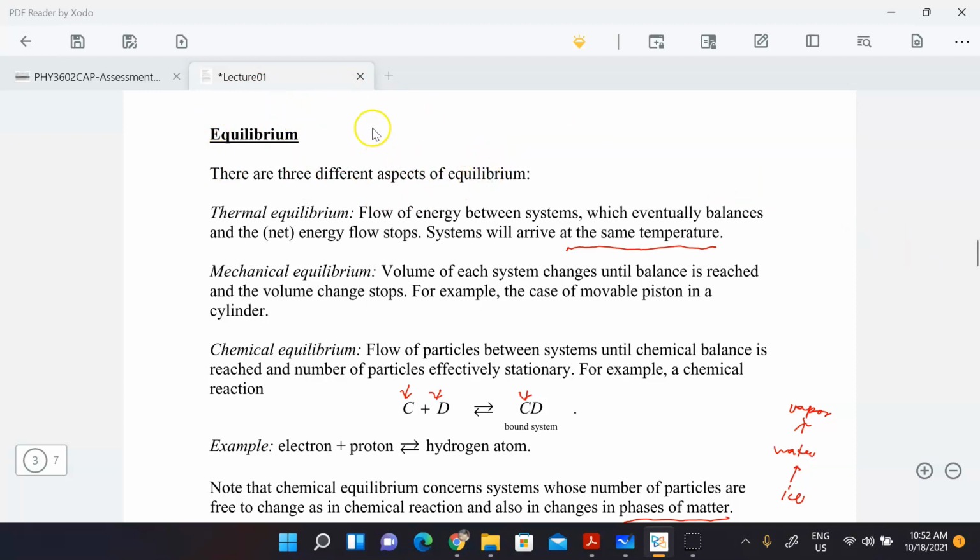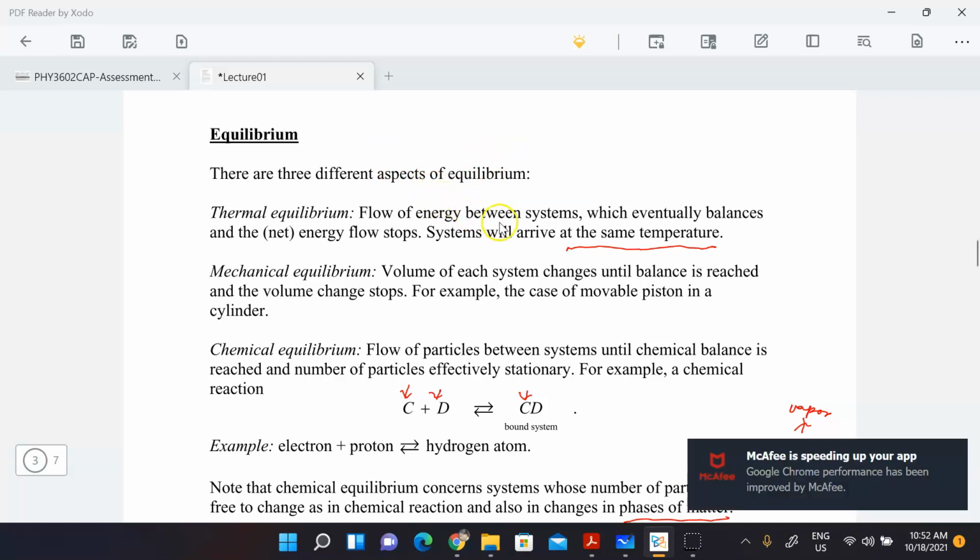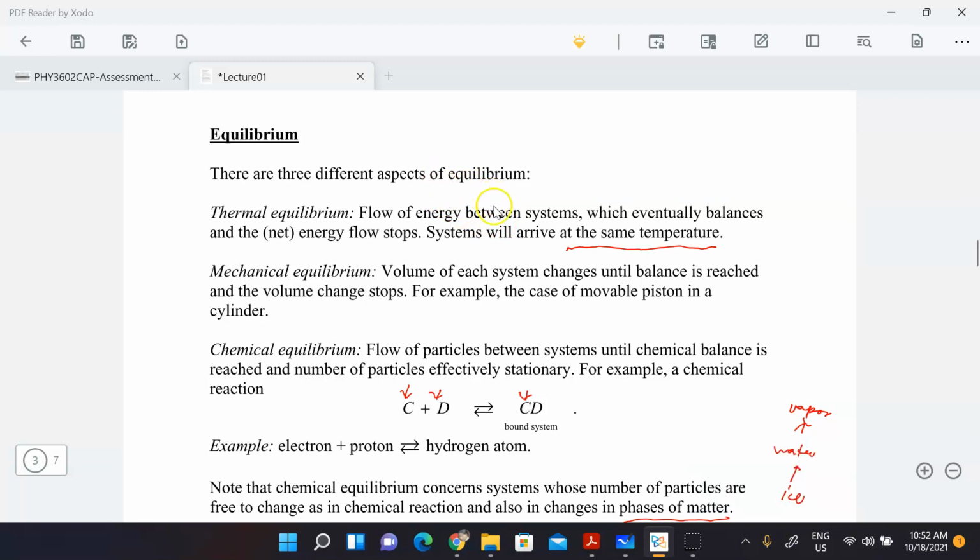So I was speaking about equilibrium. Essentially, there are three types that one has to be aware of. First is the thermal equilibrium, which tells us how energy flows between systems.